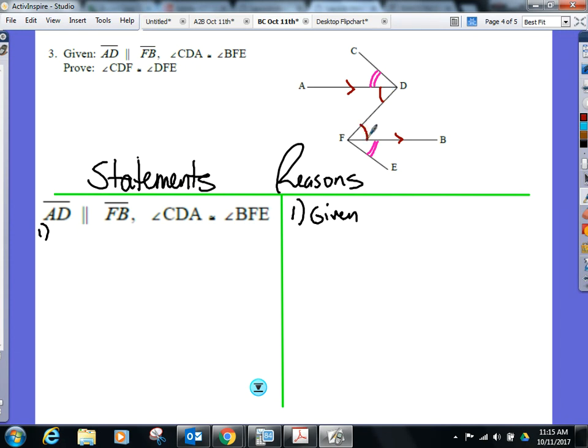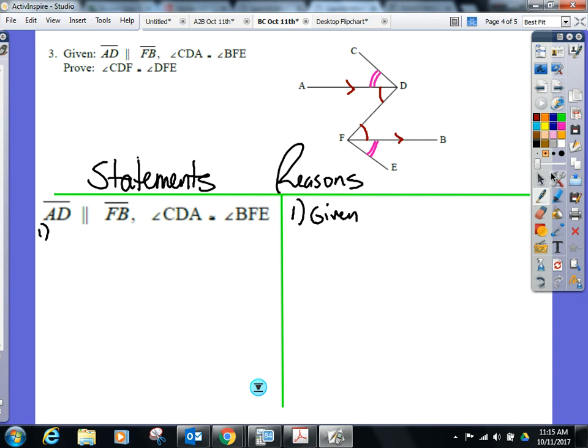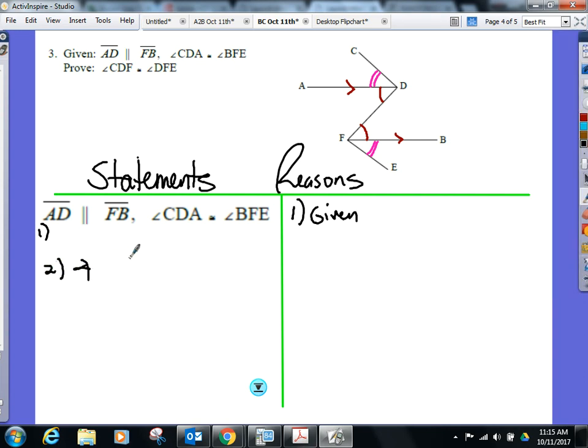Does everyone see? Those are alternate interior angles formed by the parallel lines FB and AD. And Emma, since the lines are parallel, what do I know about them? Are those the supplementary or the congruent ones? Congruent. Perfect. So angle ADF is congruent to angle DFB.